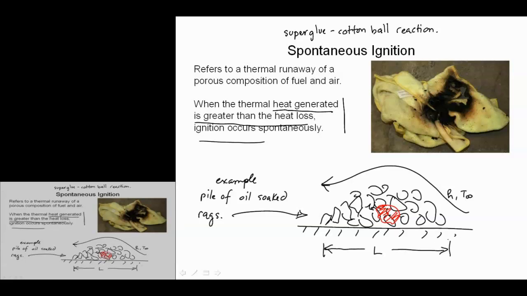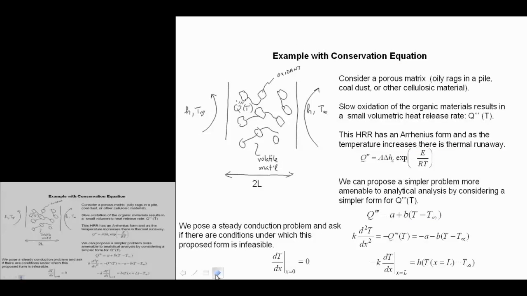One of the things we'll see is that the characteristic length of the fuel bed, the heat transfer parameters associated with losses to the environment, and the inherent kinetics of that oxidation process are the things that drive the propensity to go into thermal runaway. So if we look at a really simple example, one that's analytically tractable, we get a lot of the features of what is actually occurring.